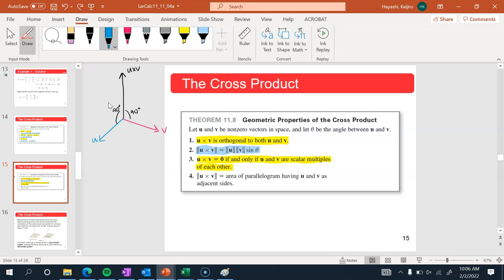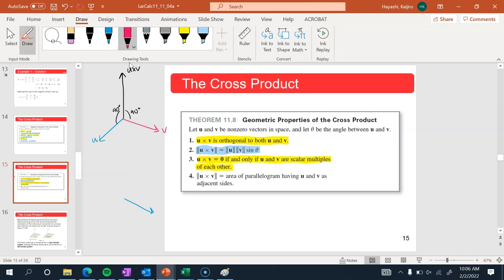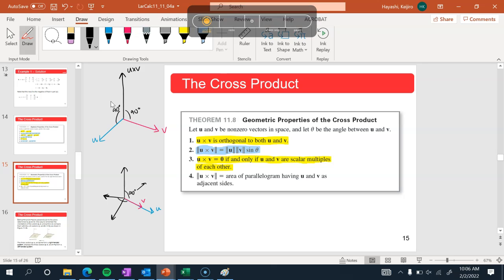Now, how to interpret that when both vectors are just going in the same direction? If this is u and this is v this time, if they're just going in the same direction, there's not one vector that's going to come out and be 90 degrees to both vectors if the vectors are just going in the same direction.